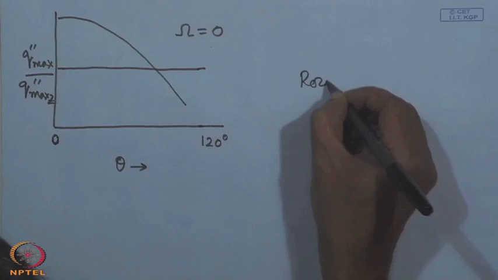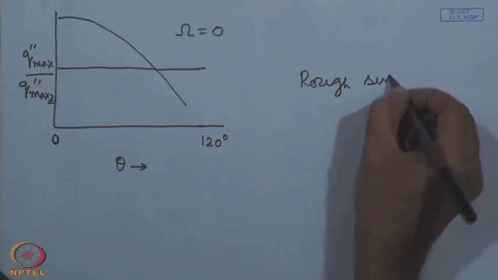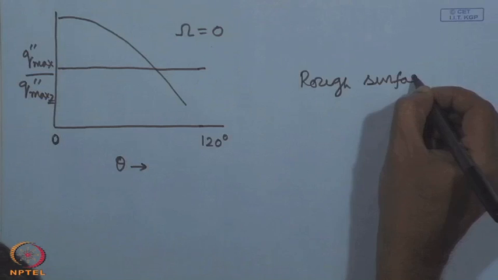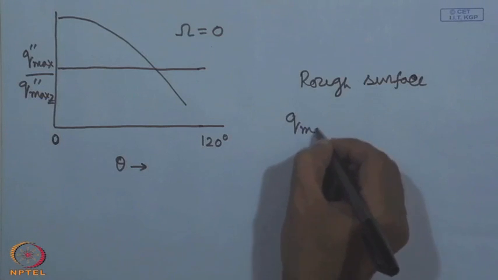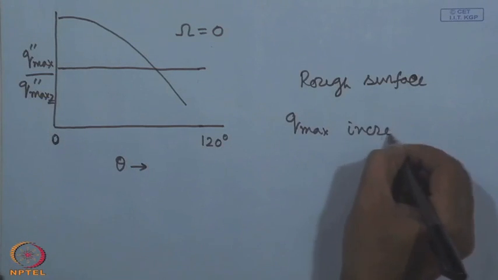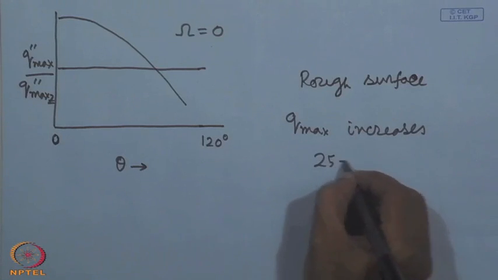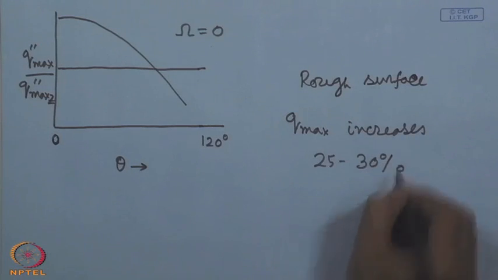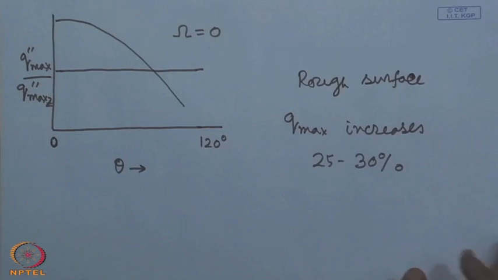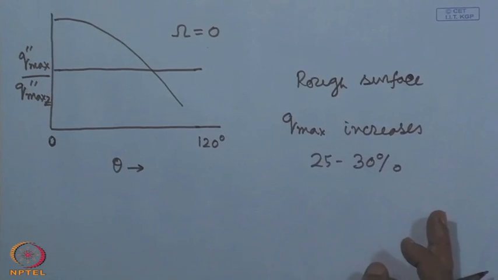It has been observed that if we go for the theory which fits well the boiling data from a smooth surface, and we go for a rough surface, then q max increases 25 to 30%. So, this is also observed. One has to be careful while applying the result given by the hydrodynamic theory.